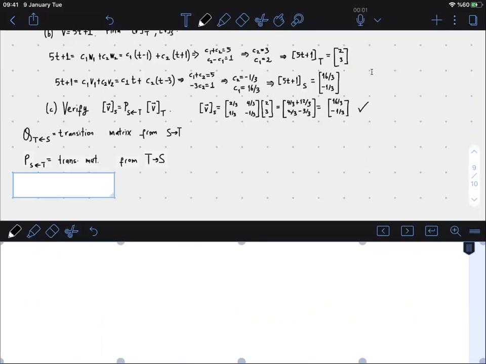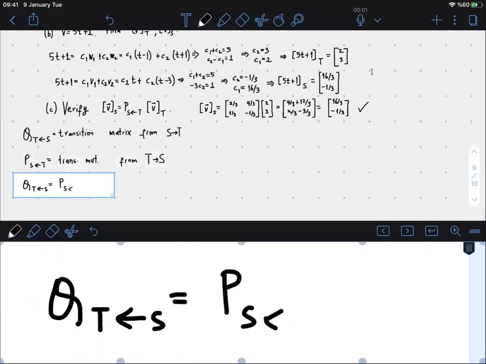Okay, this can be shown easily. So Q_TS is really the inverse of P_ST.